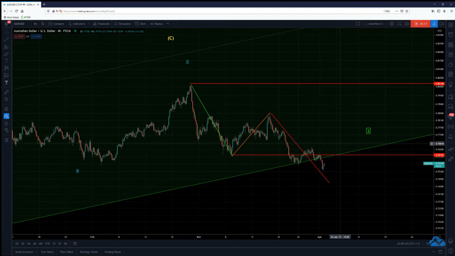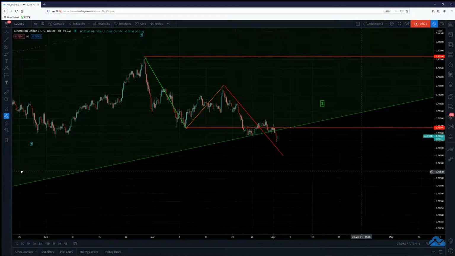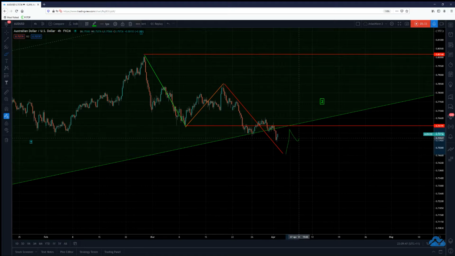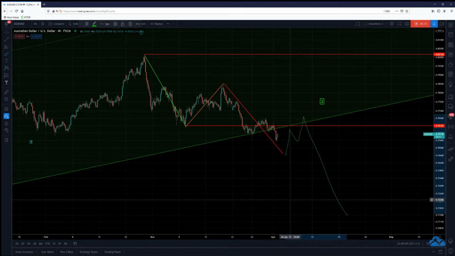Now, the way that this could produce itself as the correction that ends this, and it's probably going to look like this. So 3-3-5, 3-5, something like that. Okay.